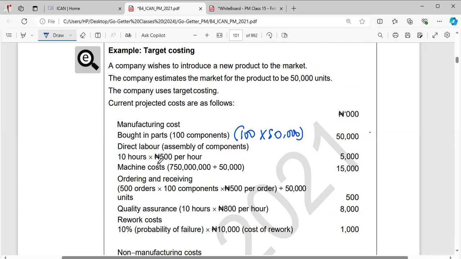Machine cost, 750,000 naira. And because we are doing 50,000 units, when we divide it, we are getting 15,000 as the cost.